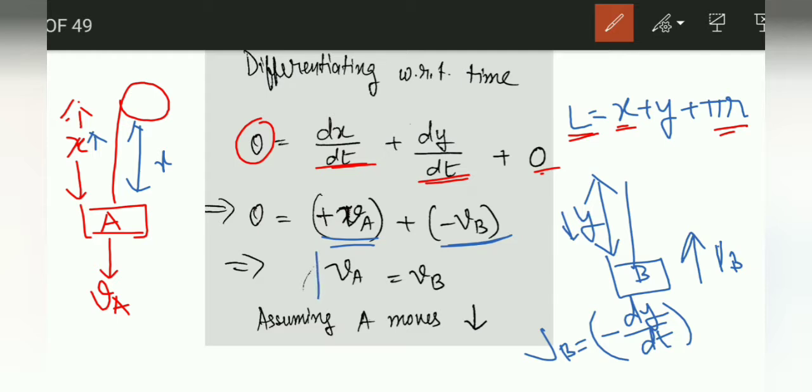So here we get vA equal to vB, having put plus vA and minus vB, assuming that A moves down and we have taken the downward direction as positive, but it will be the same even if we take the upward direction as positive.